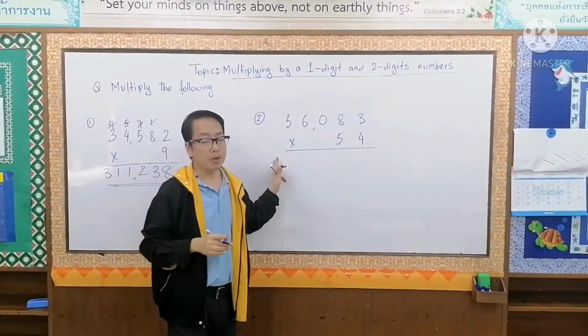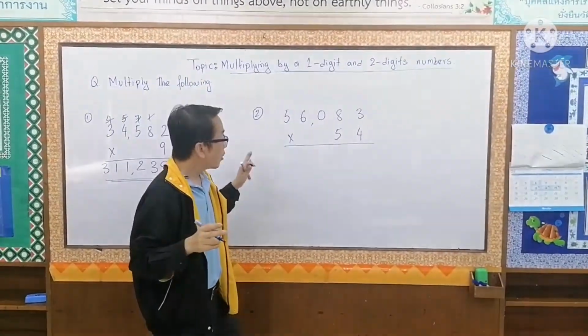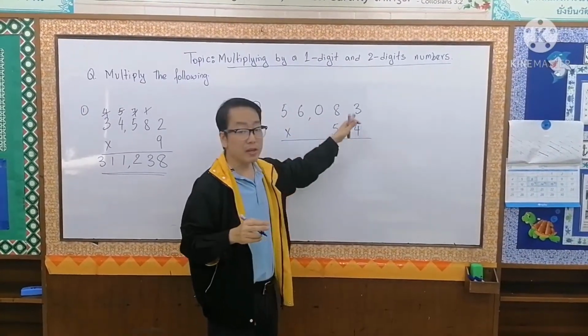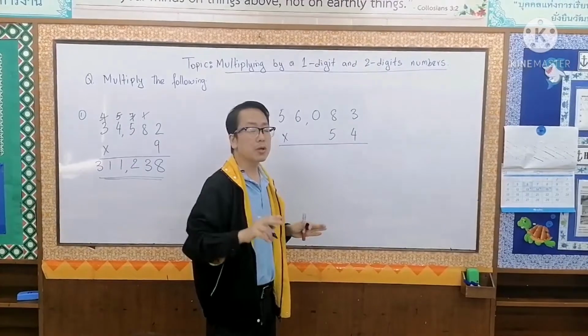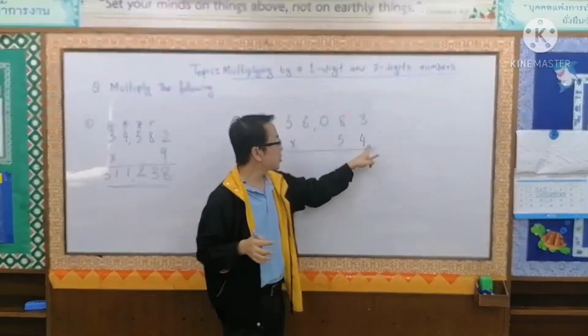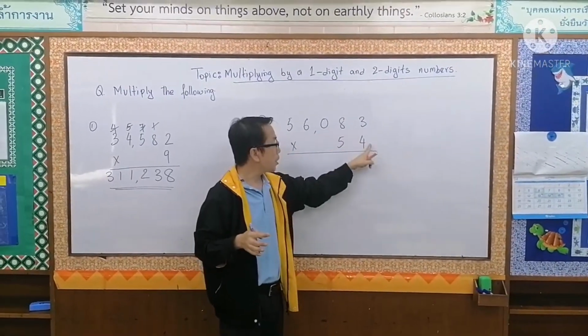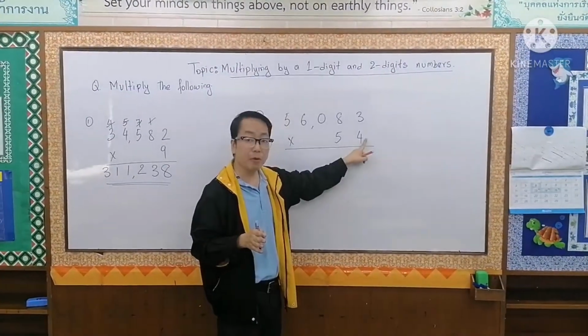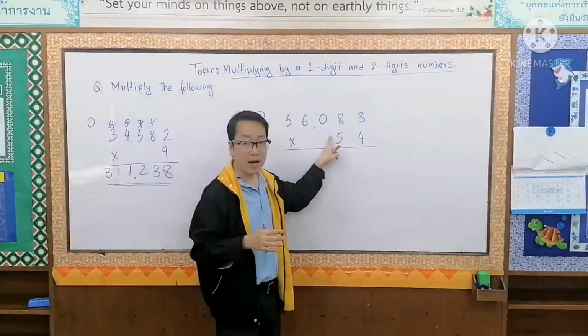When we multiply using two-digit numbers, we have 54 multiplying 56,083. Now what we've got to do is remember this. You first need to multiply the number by 4 first, and then once you're done multiplying by 4, you multiply it by 5.